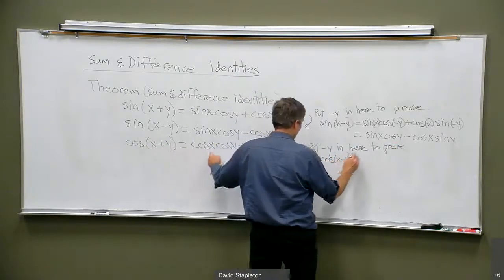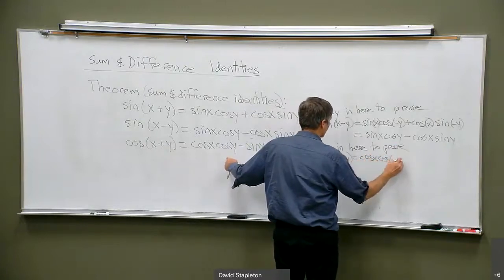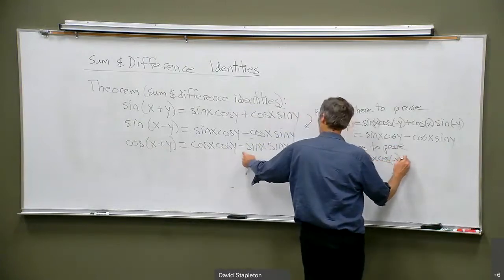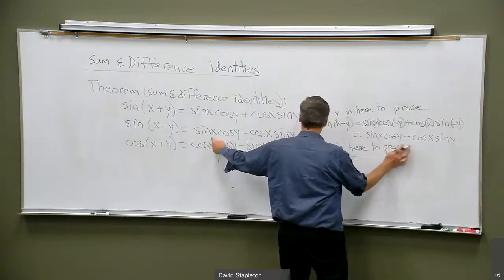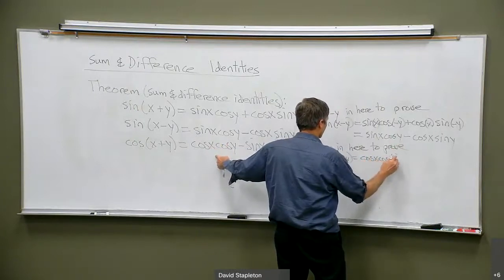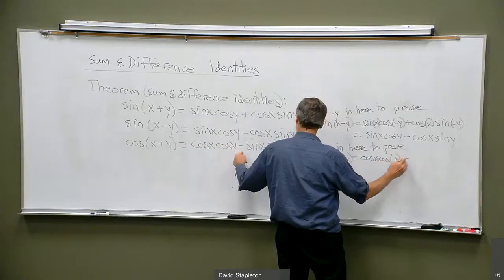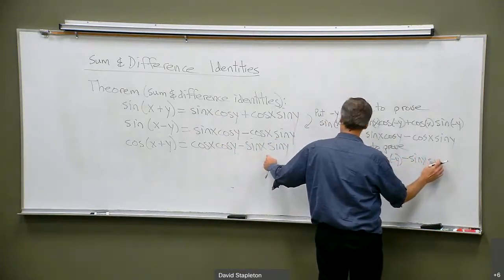And on the right, then we get cosine x, cosine minus y, minus sine x, sine minus y.